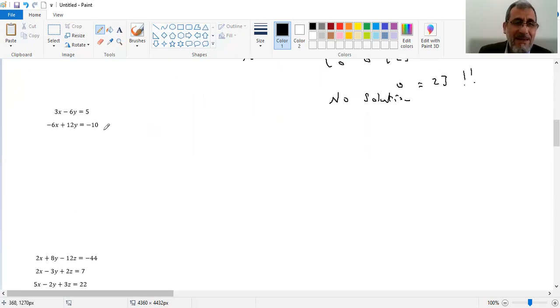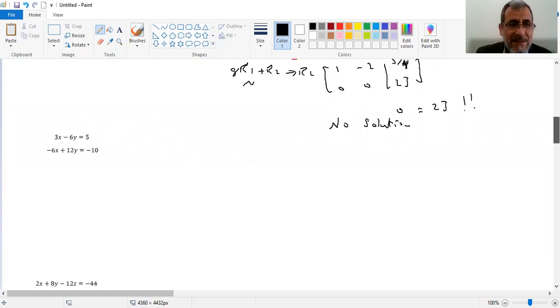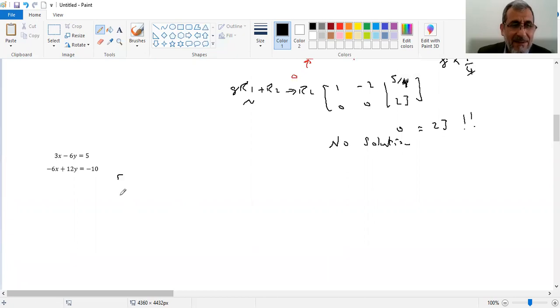Then, next, another example. In this example, I have 3x, negative 6, and equal to 5. And this one is negative 6, and this one is 12 and negative 10.